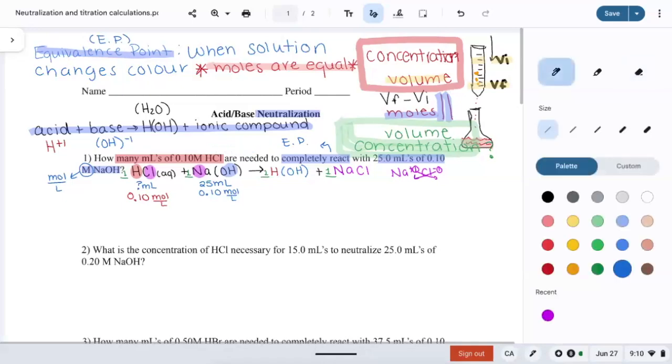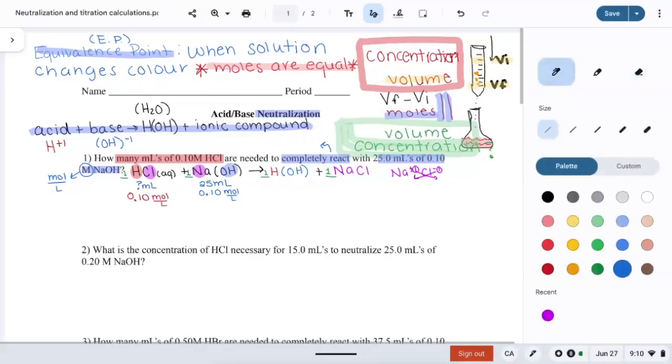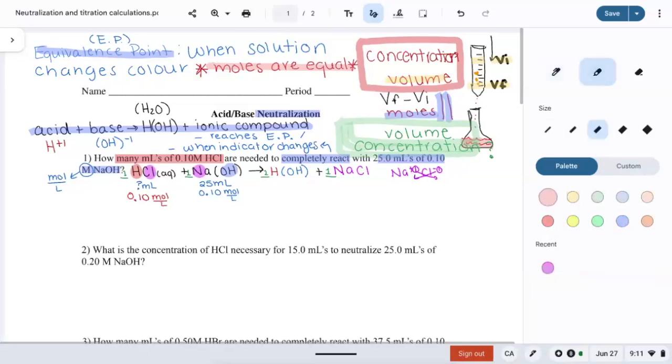Does anyone remember what indicator means? So the indicator is what's causing this solution in the flask to turn pink.